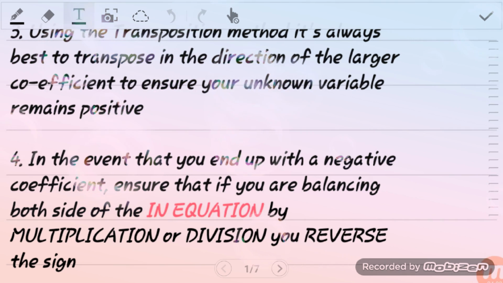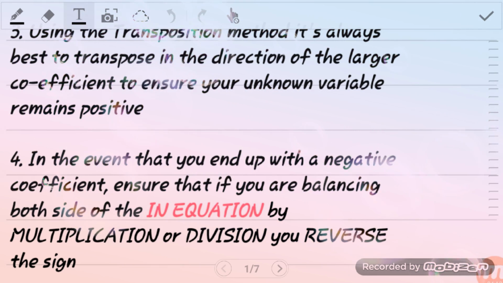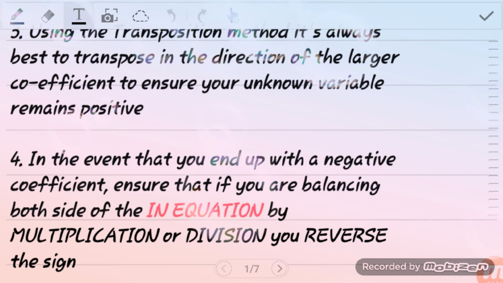And number 4, in the event that you end up with a negative coefficient or a negative sign in front of your variable, especially when it comes to an inequation, you must remember that you need to reverse the sign. Reversing the sign means that if you have to multiply both sides by a negative value, or divide both sides of an inequation by a negative value, you must remember to reverse the sign.